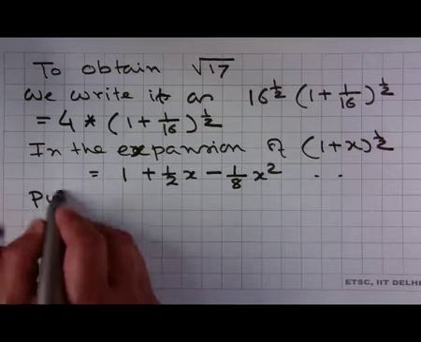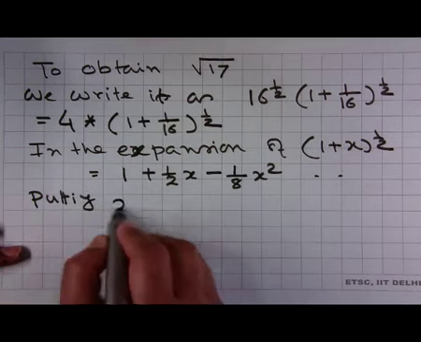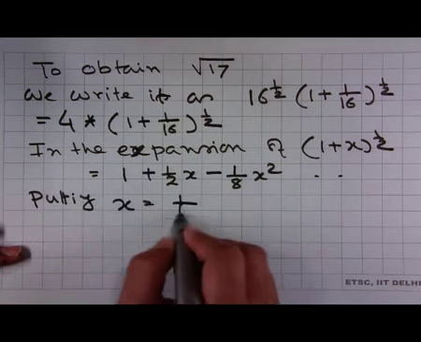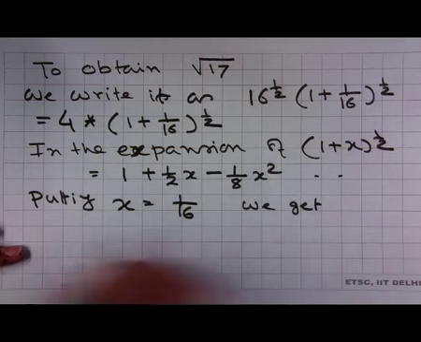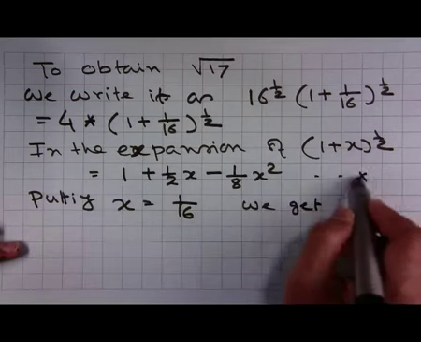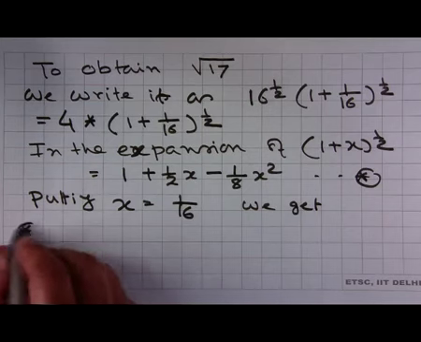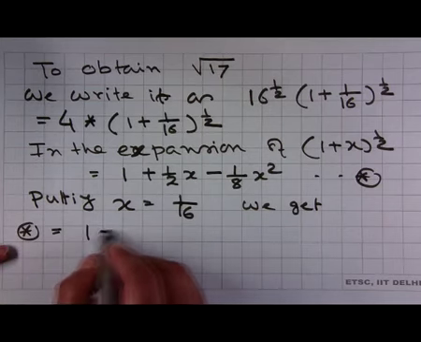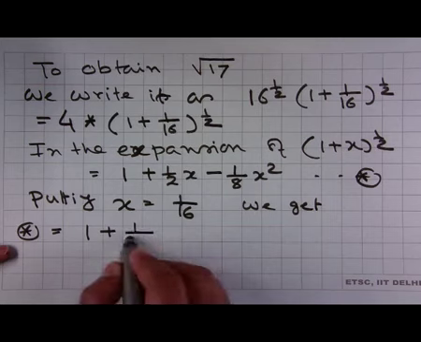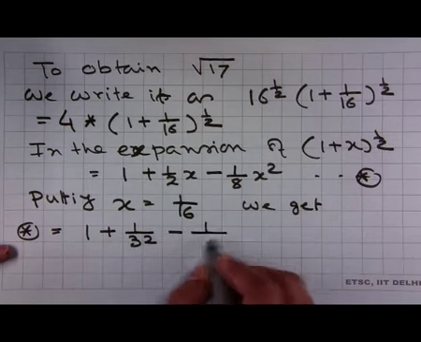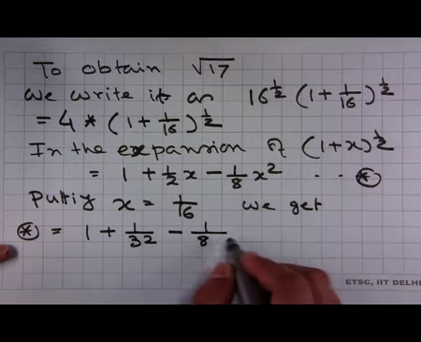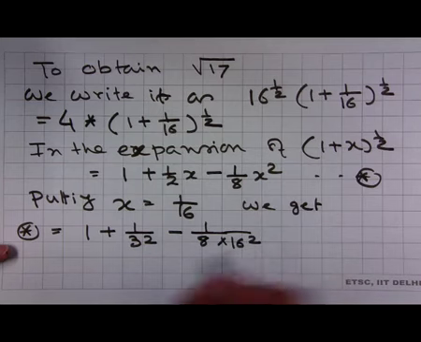Putting x is equal to 1 by 16, we get 1 plus 1 by 32 minus 1 by 8 into 16 square.